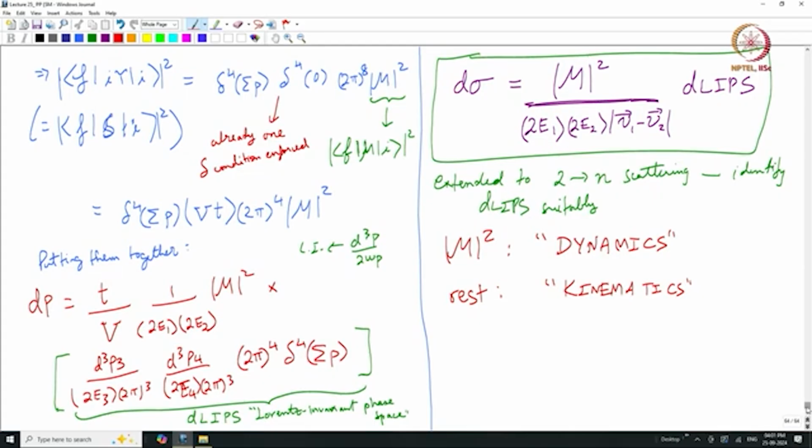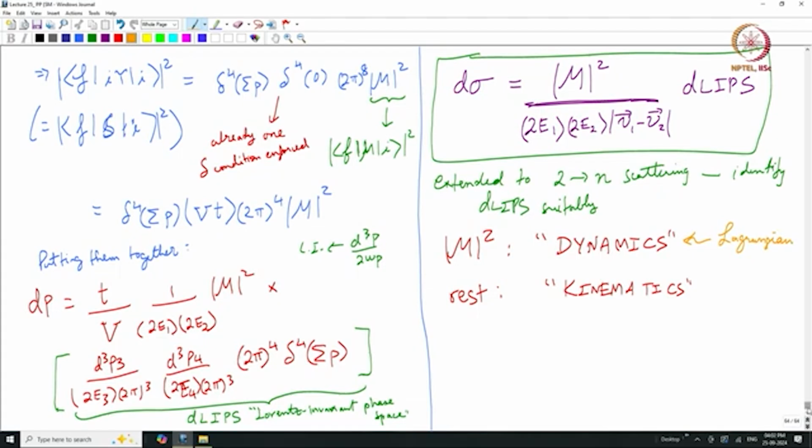And when we say dynamics in particle physics, we mean in particular the structure of the interaction itself. Ultimately this can be traced back to the Lagrangian that is given to you inherently in nature.